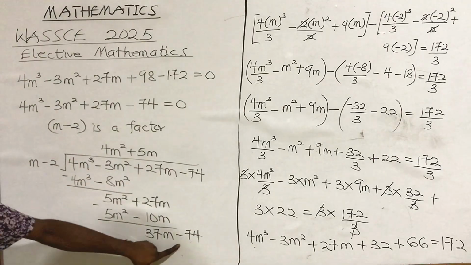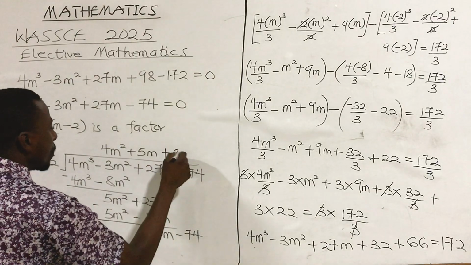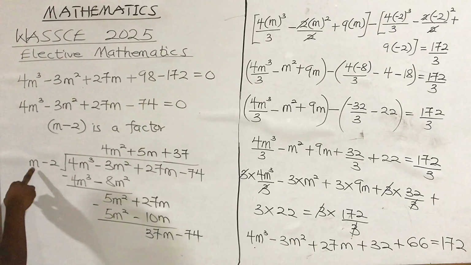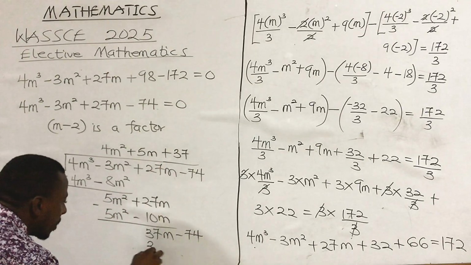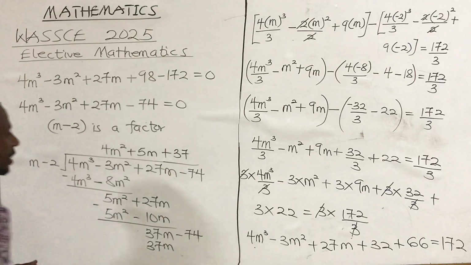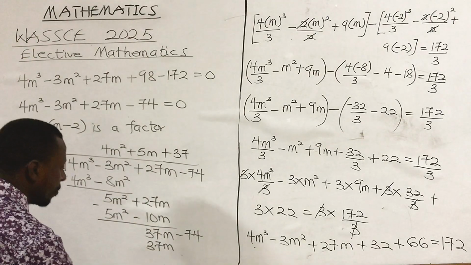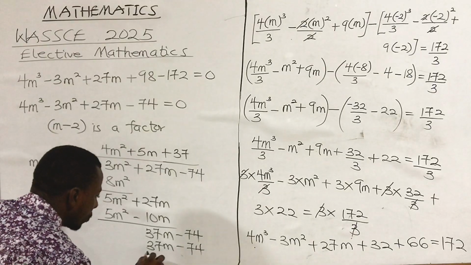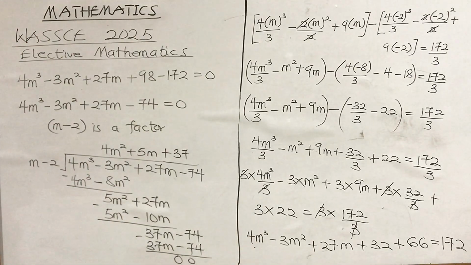When m divides the 37m, we have positive 37. M times 37, we have 37m. Then negative 2 times 37, we have negative 74. And when you take the difference, everything will go to 0.